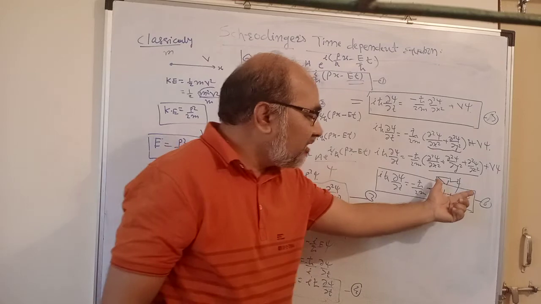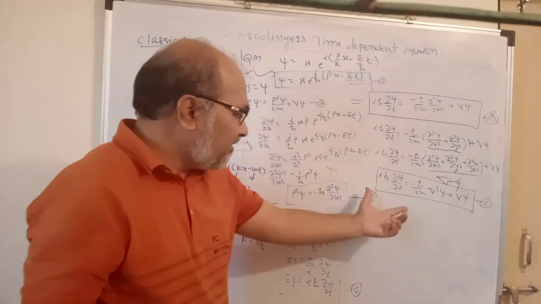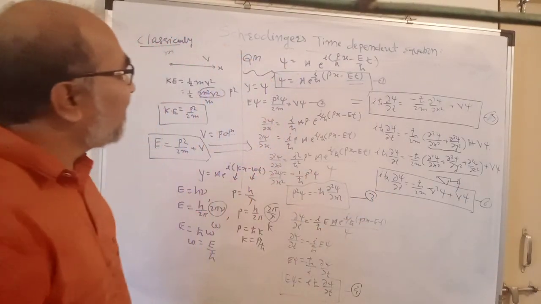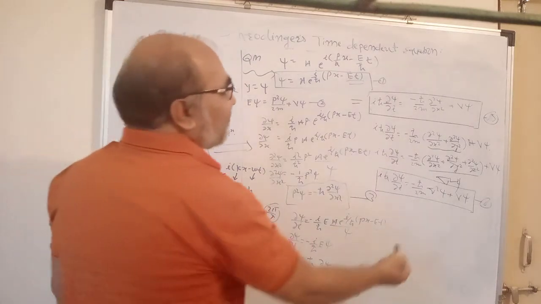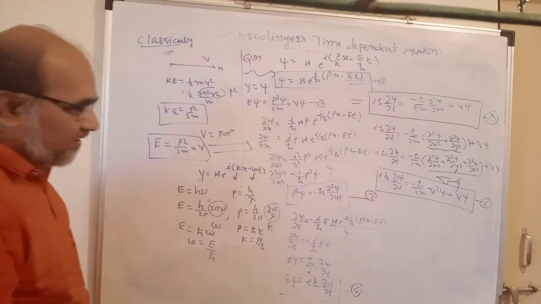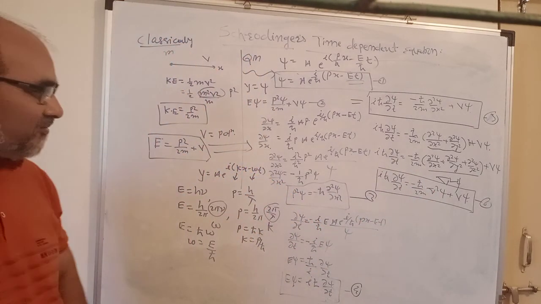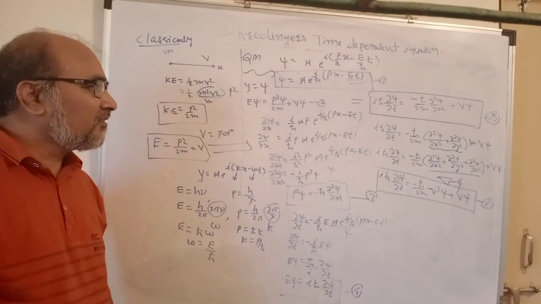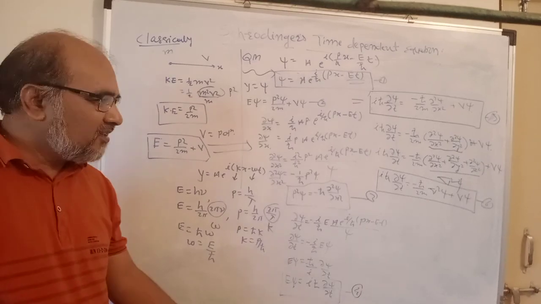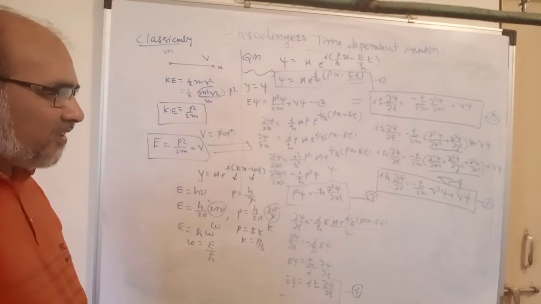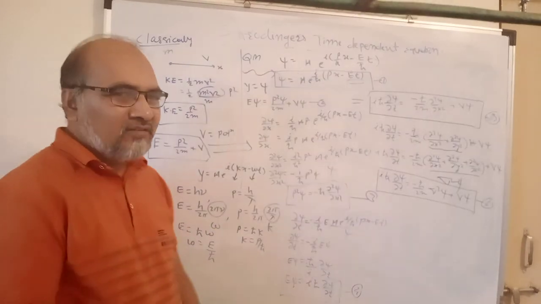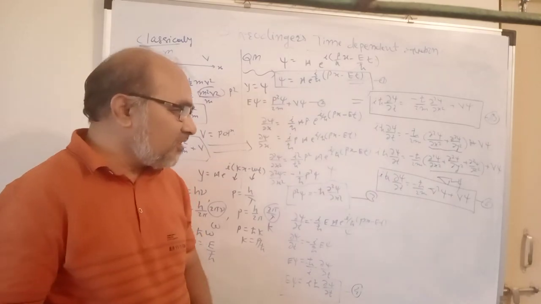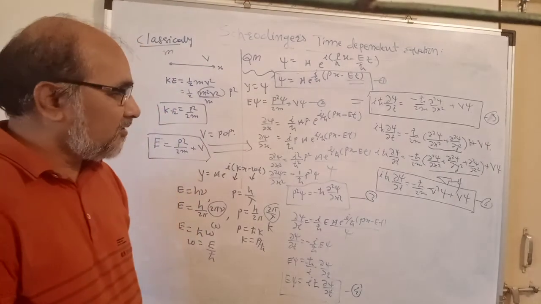And this is the time dependent Schrödinger's equation, since this equation contains t, and therefore it is called the time dependent equation. It is a very important, fundamental Schrödinger's equation in science. All time dependent parameters can be studied, all solved using this time dependent Schrödinger's equation.